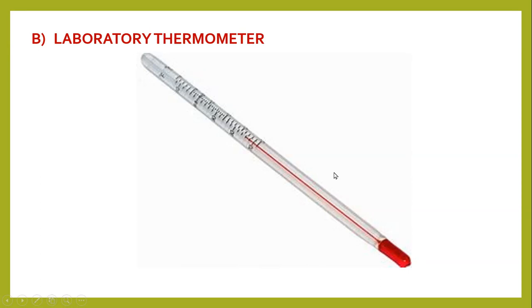We shall, in our next lesson, look at how to use the laboratory thermometer. Take notes to record accurate or correct temperature. So this is the laboratory thermometer. Now, brief description. In it is the mercury. Now, remember, mercury is not colored red, as you see here.